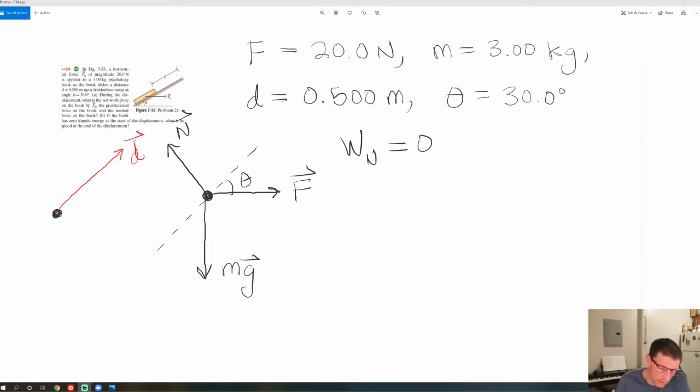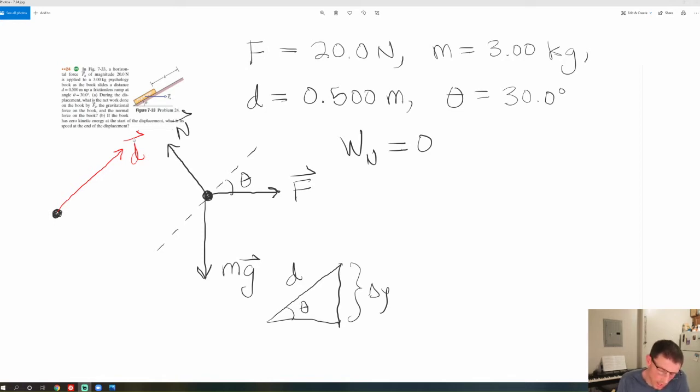So what I want to do is make a quick sketch here to see how that looks. I'm going to make a right triangle with a hypotenuse d, and this angle here is theta. The point of this is that the delta y of the book is just given by the height of this triangle.